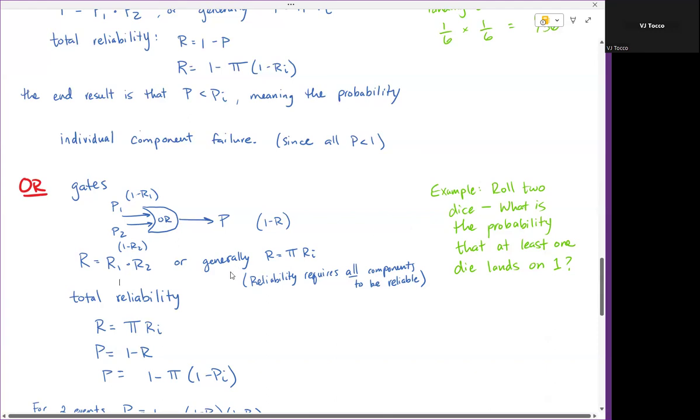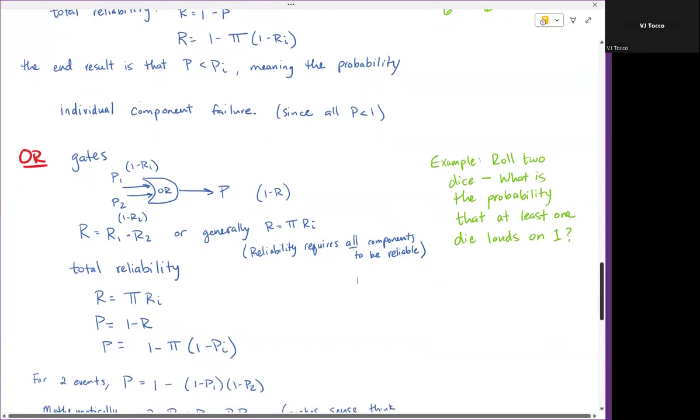The other way to think about it is that if things are connected with an OR gate, the reliability of the entire system requires all components to be reliable. In other words, if there are multiple things that go into making the whole thing reliable, and only one of those things breaks, then the whole thing breaks. So I can express the total reliability by mathematical rearrangement.